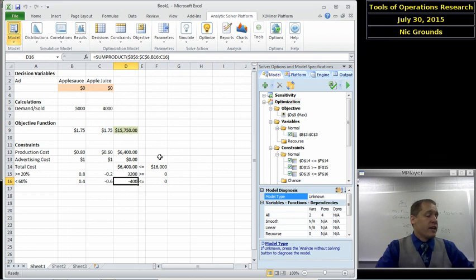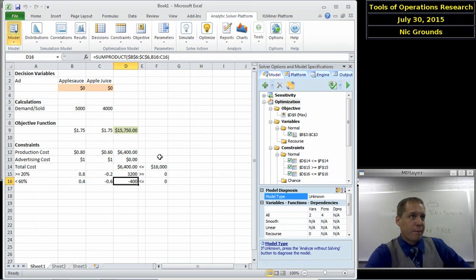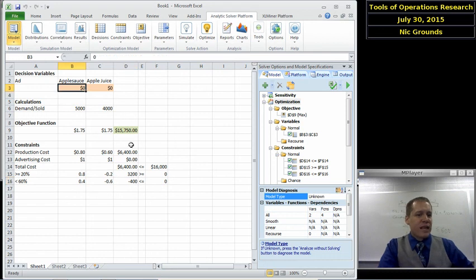Now, is there an implicit constraint we should consider? I.e., should we prevent spending negative advertising dollars? Okay. There's a few nods. I would agree. Yes, we should. Because the way we've set it up, if you spent negative dollars advertising applesauce, let's say negative $1,000, you can effectively reduce the demand, which may make you meet different constraints differently.